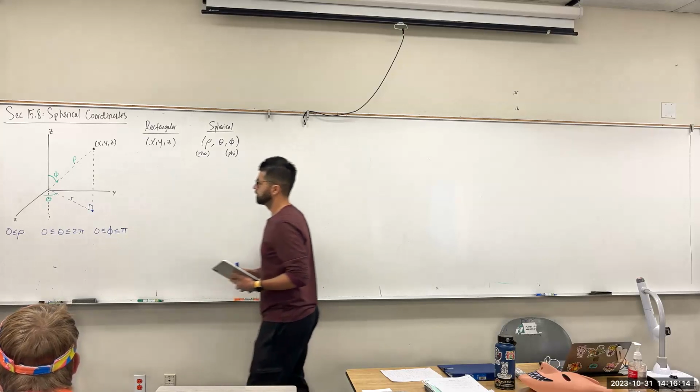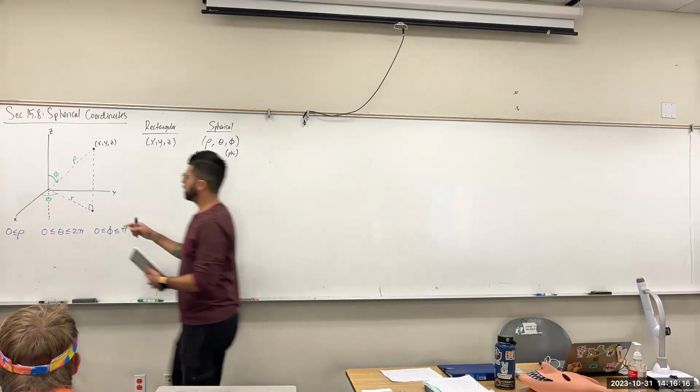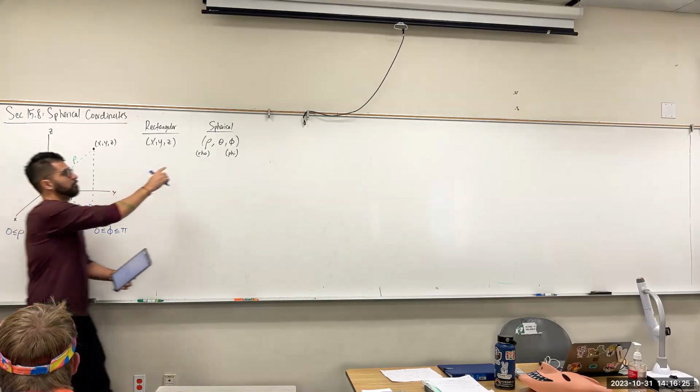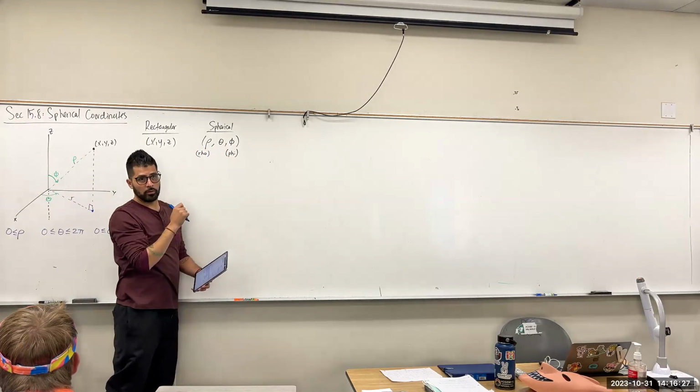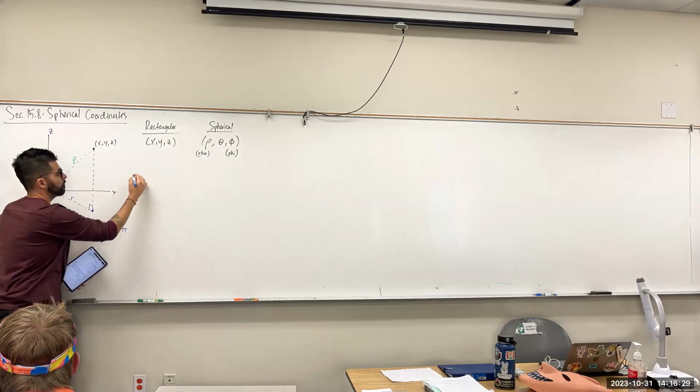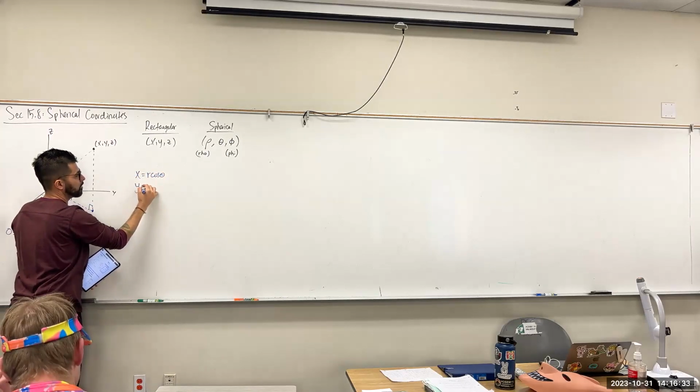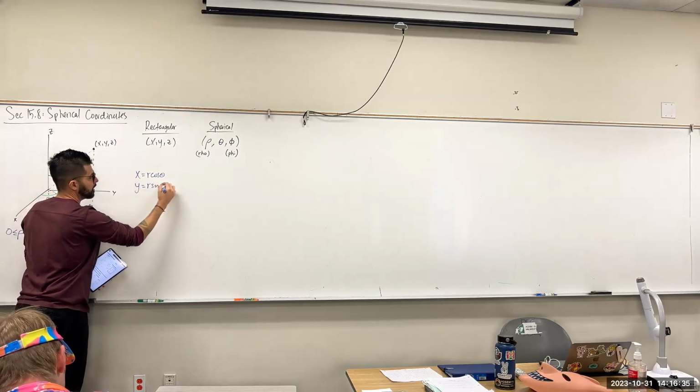All right. Because this still is using theta and r, we're still going to use what we learned in cylindrical to help me find conversions in spherical. So from cylindrical coordinates, we still have x is r cosine theta, y is r sine theta.